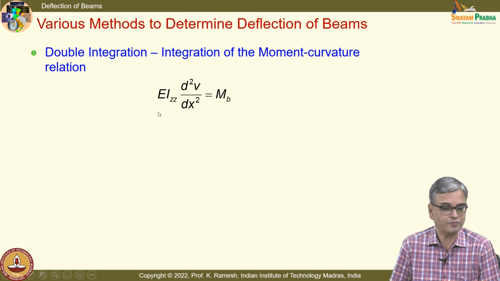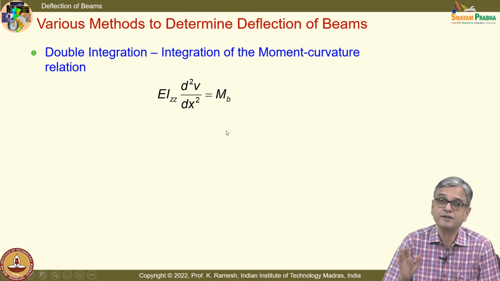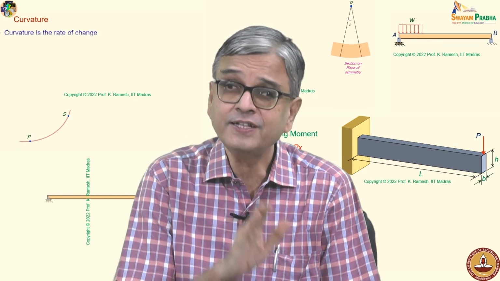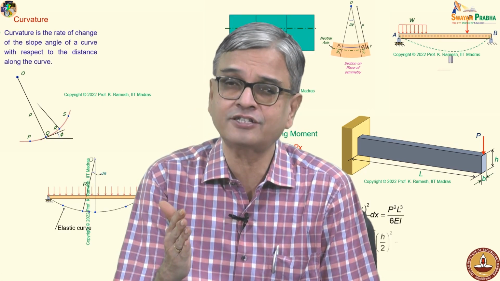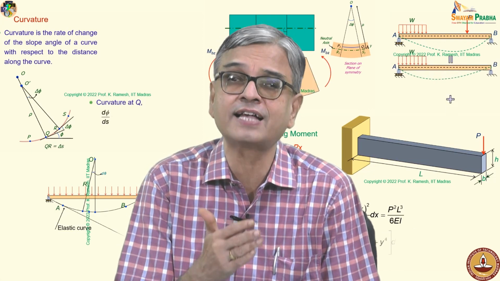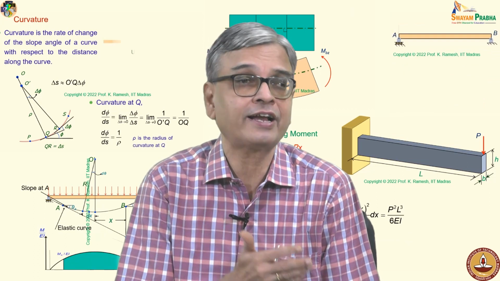When you are given E I_zz d squared V by dx squared equal to M_b, you integrate this twice, not differentiate but integrate this twice, and satisfy the boundary conditions. When I integrate it twice, I will have two integration constants, and these constants have to be evaluated based on the boundary conditions.